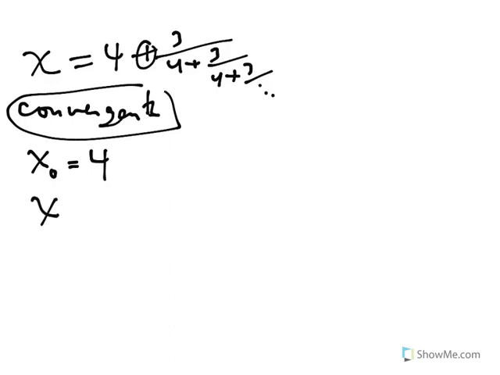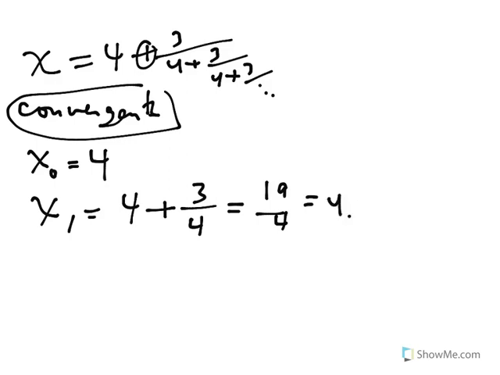Our second convergent is, what if instead of erasing everything after the first plus sign, I erased everything after the second plus sign? I would end up with 19 over 4, which is 4.75.